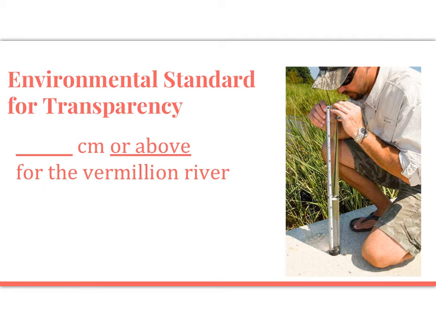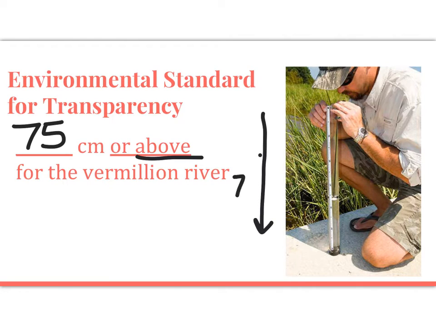So what do we want our transparency to be exactly? Well, we like to have it consistently be, at least for Vermilion River, at a measurement of 75 centimeters or above. That means I can see through to a depth of at least 75 centimeters on a regular basis.